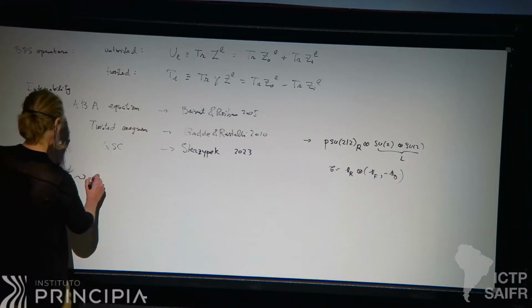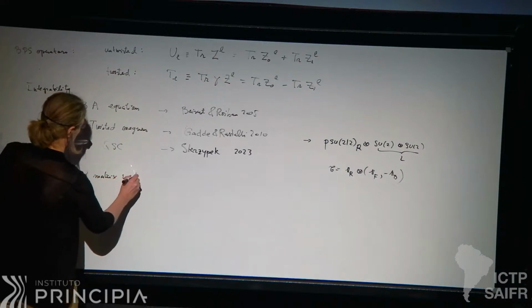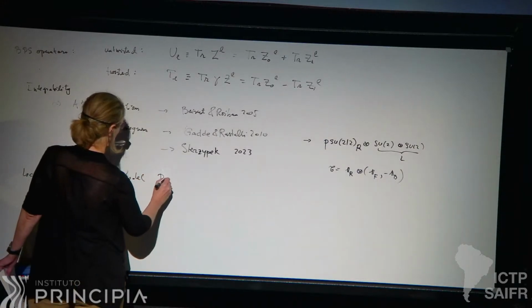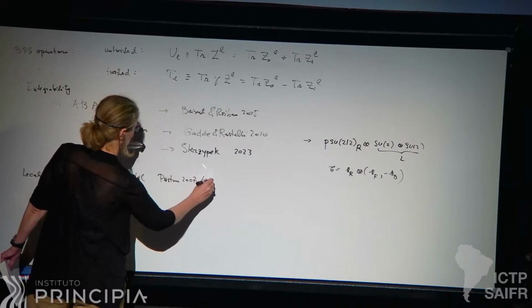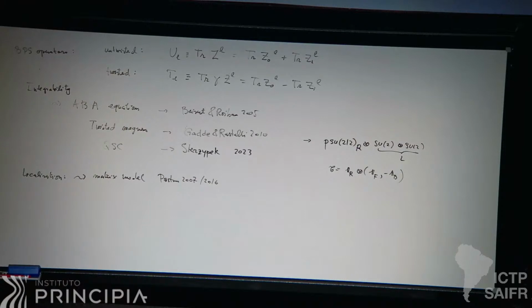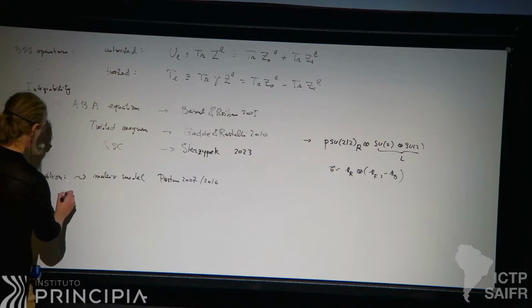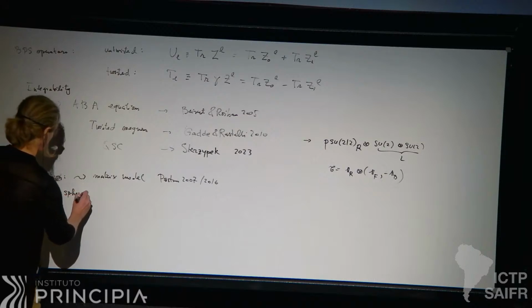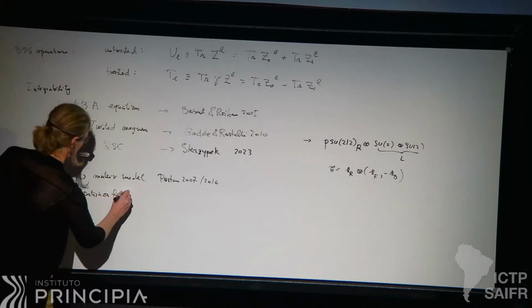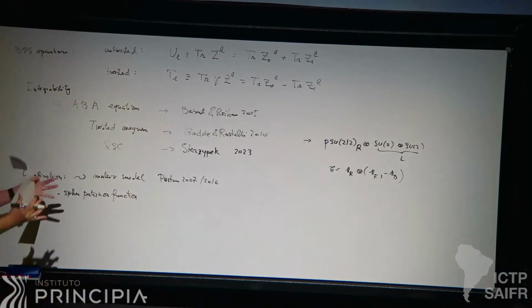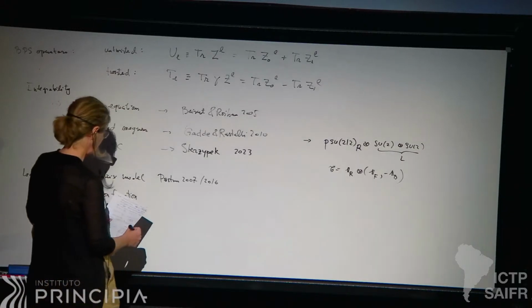We reduce them to a matrix model, which was derived by Pestun in 2007, and there is also a work from 2016. Among the things that can be computed, there is the sphere partition function. So you put the theory on a sphere, and then you use localization.